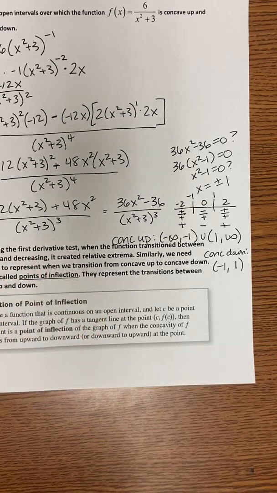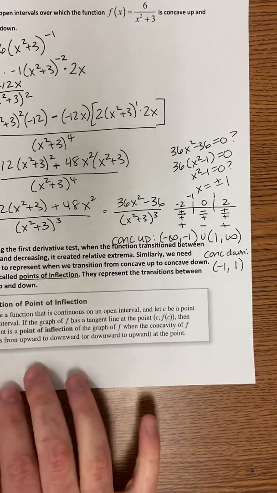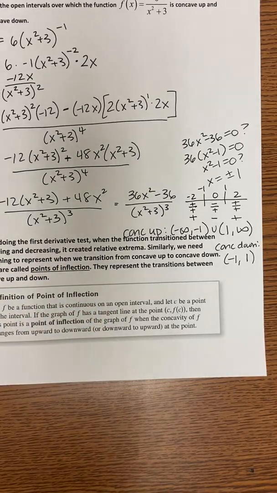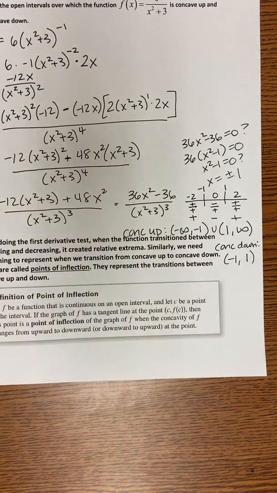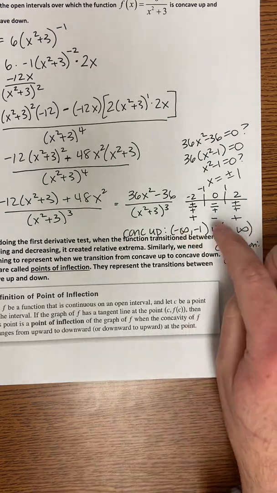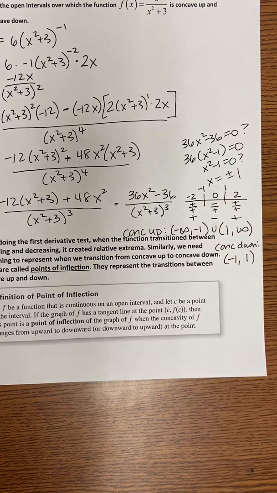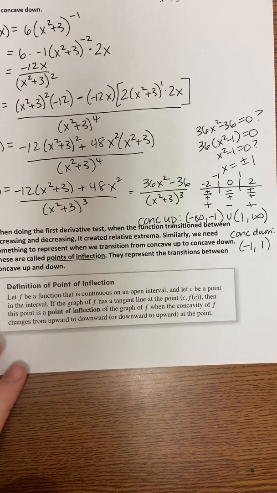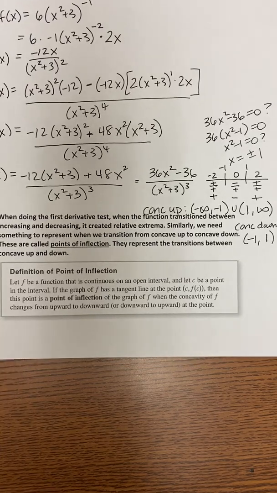So this will feel very, very similar to the way we do the first derivative test, determining increasing and decreasing. But in the first derivative test, usually we also determined if those critical points were maximums or minimums. So we need to have a way of talking about the transitions between concave up and concave down at these critical points, negative 1 and 1, and these are referred to as points of inflection. They're not differentiated between like the relative extrema, the maximums and minimums.